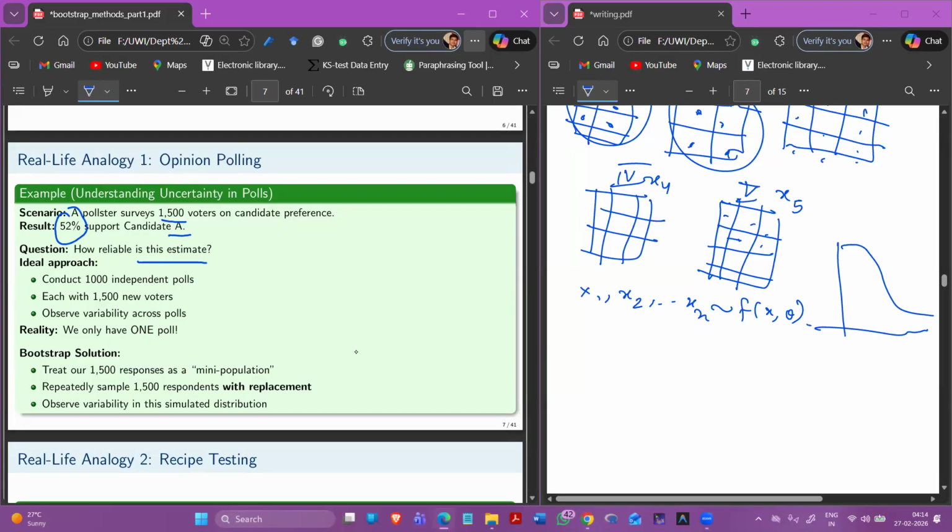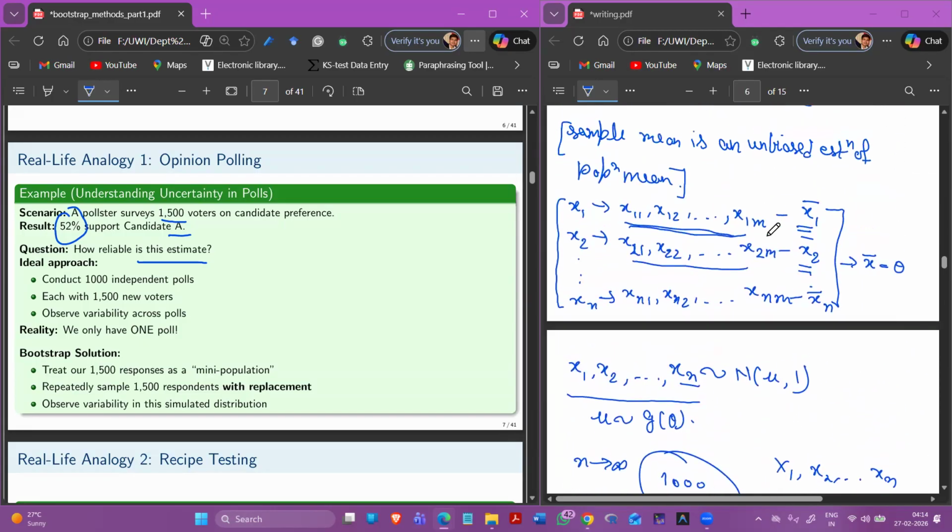What is the ideal approach from this theorem? The theorem says I conduct 100 independent polls, and each poll should have 1,500 new voters.